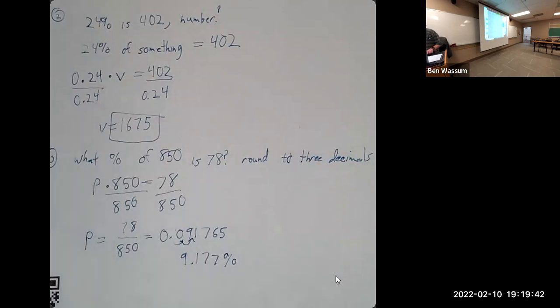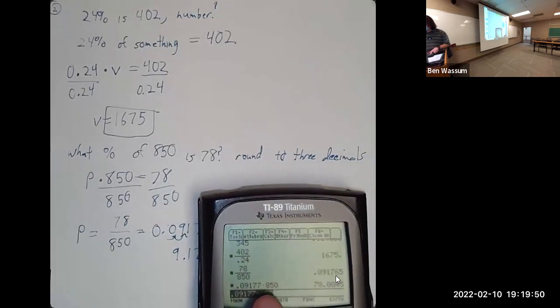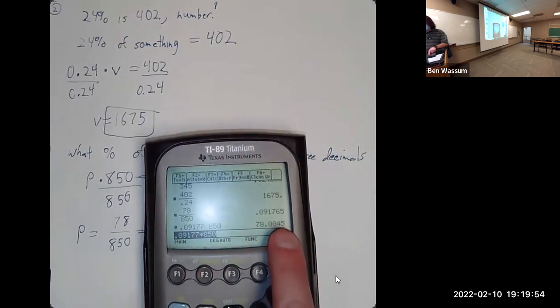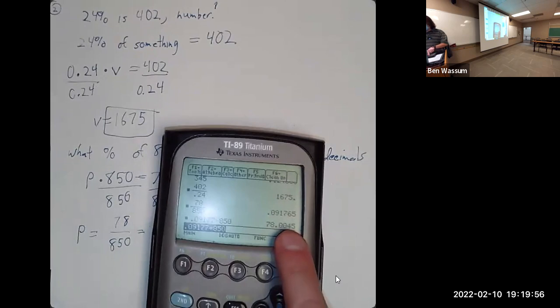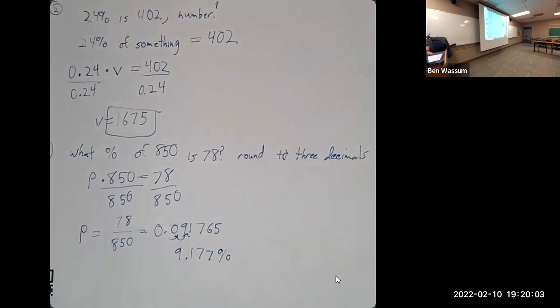And if I punched it into my calculator just to be sure, if I took that 0.09177, multiplied it by 850, well, I end up with something with a bit of a rounding error, 78.0045. So you know we're pretty good when we have very, very tiny rounding error.